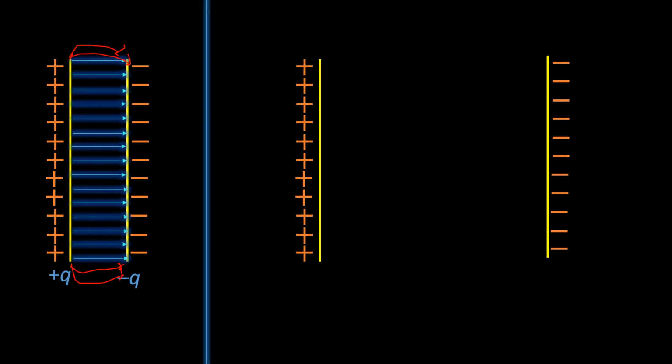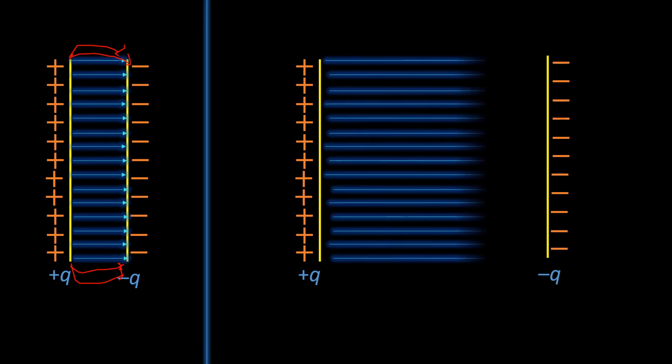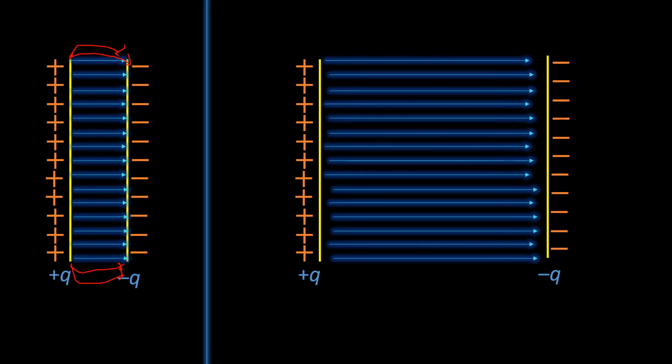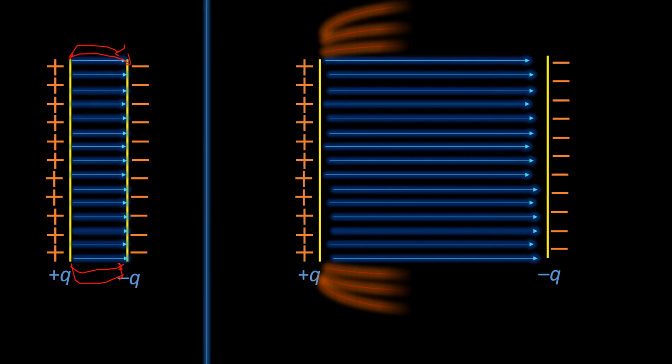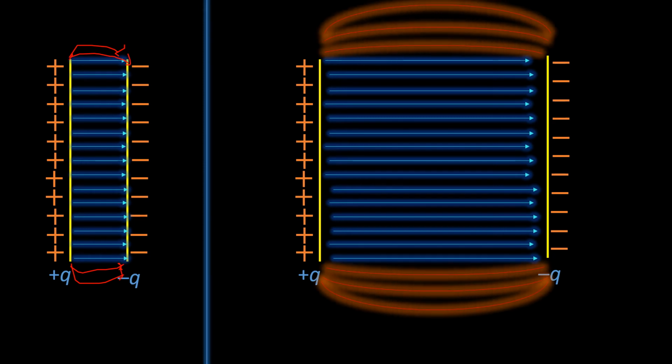But if you consider the plates which are far apart, like in this case, just like the previous case, we have many field lines parallel to each other, but at the same time, if we look at the edges of the plate, there we have field lines which are not parallel to each other, and then non-uniformity increases.